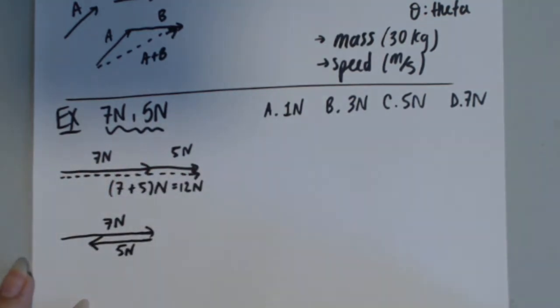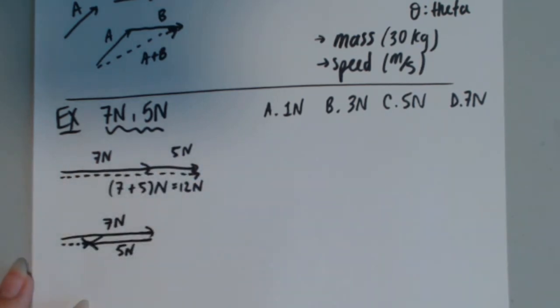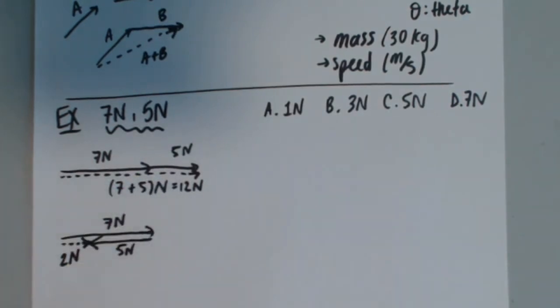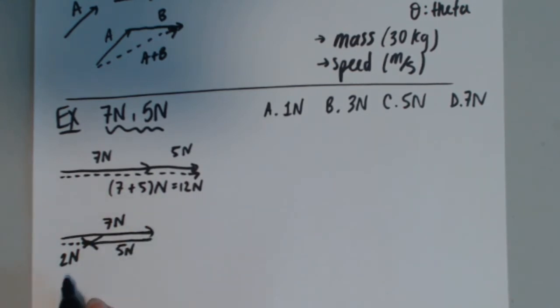So remember, the resultant goes from the tail of the first vector to the tip of the final vector. So it looks like this. There's the resultant, that little arrow right there. And how long is it? Well, if that's 7 and that's 5, that's got to be 2, right? So we have at biggest 12 newtons, at the smallest 2 newtons. That means every other option has to be somewhere in between this long arrow and this short one.